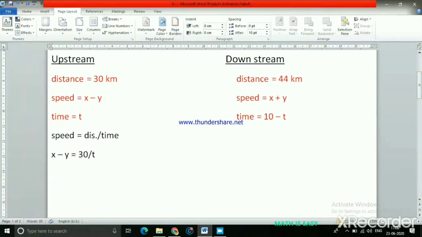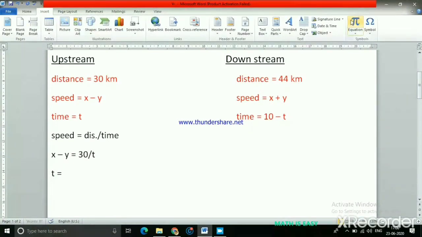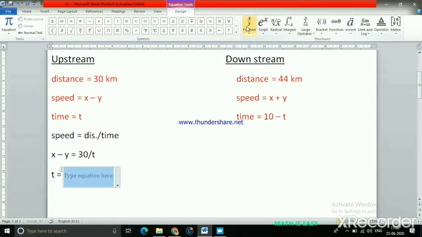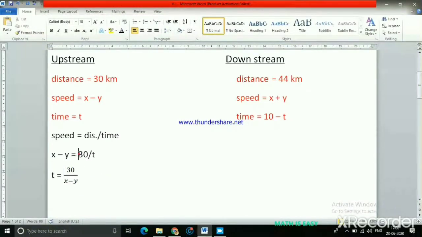If I simplify further, I can write t equals 30 upon x minus y. I think it's understandable.